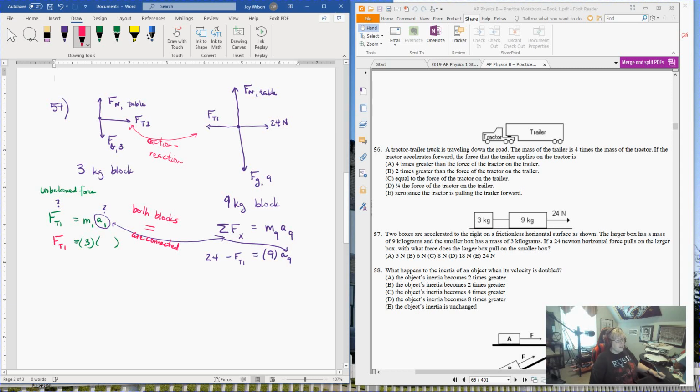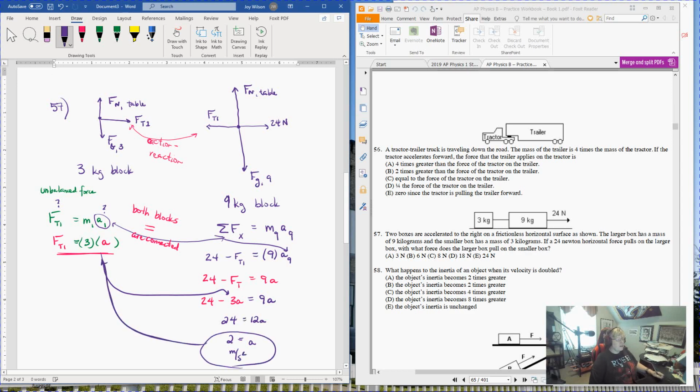Force tension 1 equals 3A, and 24 minus force tension 1 equals 9A. So 24 minus 3A equals 9A. So 24 equals 12A, so A equals 2 meters per second squared.